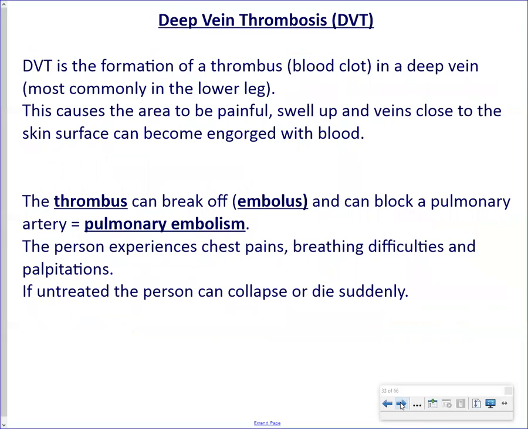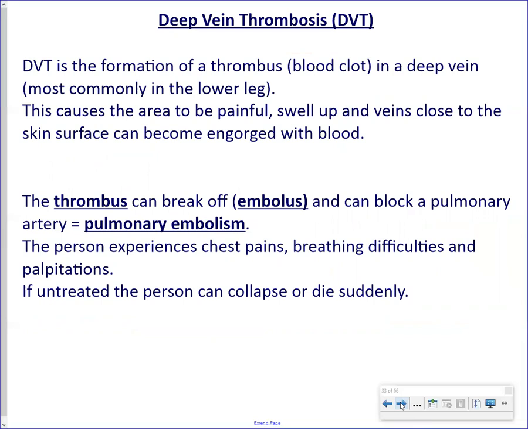Another disease or condition is called DVT, or deep vein thrombosis. So when a thrombus or a blood clot develops inside a vein, usually deep in the body, it's quite common in the leg. This can cause real pain and swelling of that particular part of the body.